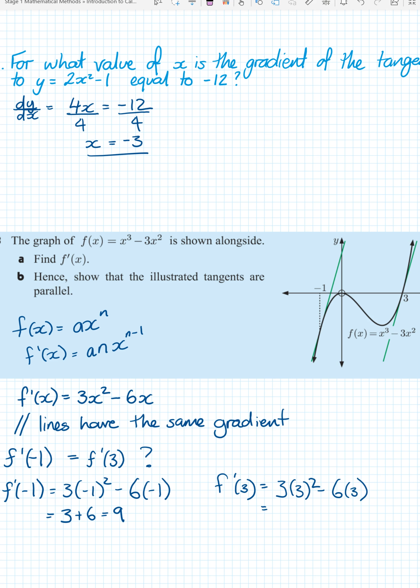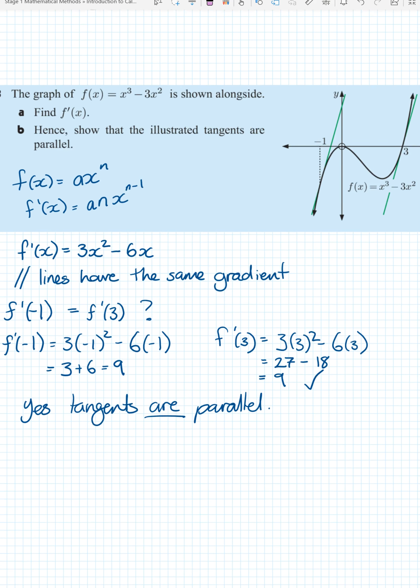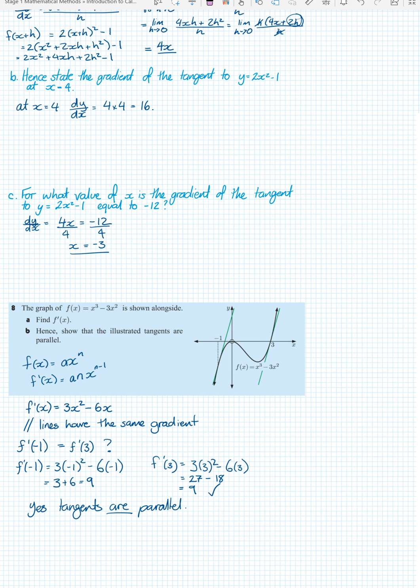So 3 squared is 9, 3 times 9 is 27, minus 6 times 3, which is 18. 27 minus 18 is 9. So yes, tangents are parallel. And that's the end of review set 14A.